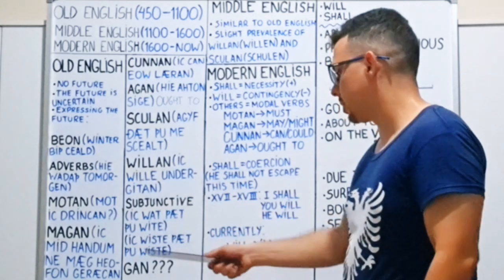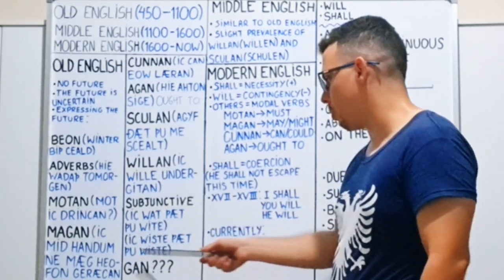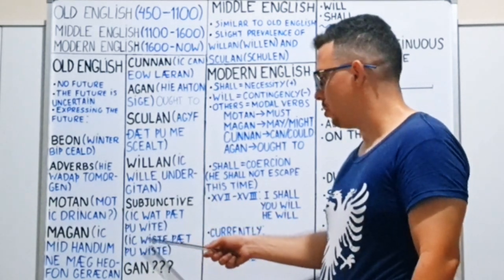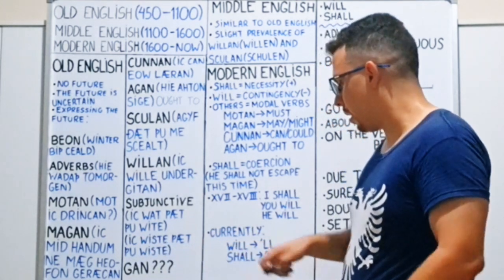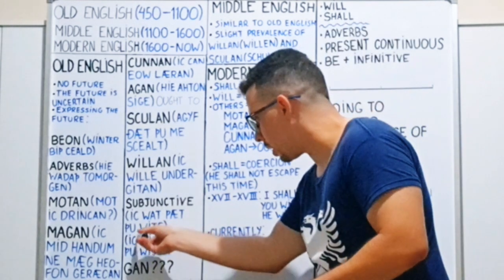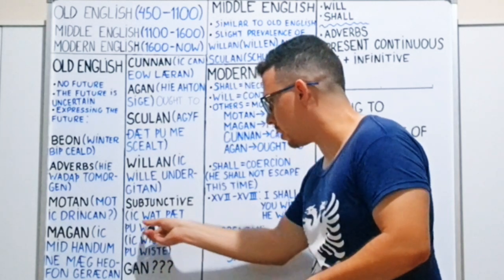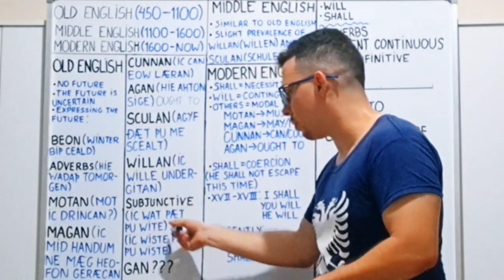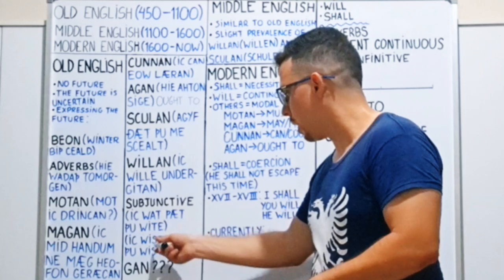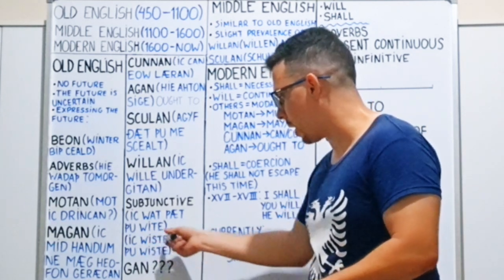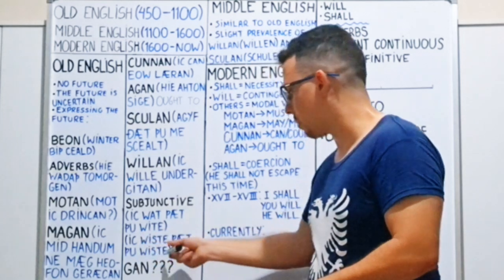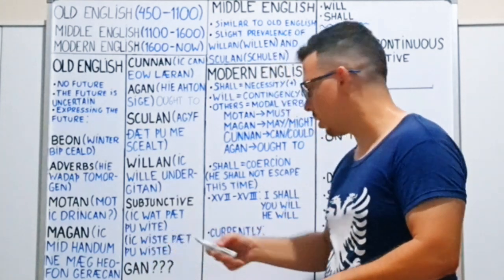Now this is past. Ye viste, that fuiste. I knew that you knew, right? Let me show you. This word right here, viste, is the past form of vidam, which is to know. And this word here, although it's written the same way, it's actually the subjunctive, the past subjunctive.